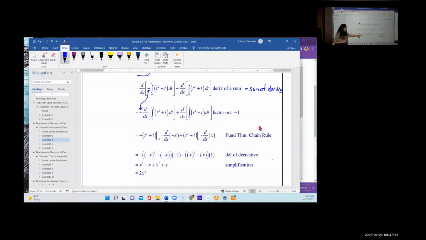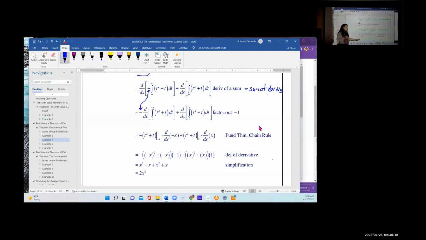So now when I substitute in negative x for t in t squared plus t, I end up finally with this expression down here, which is 2x squared. Now, this is not a family of functions. This is not an indefinite integral. This is not an antiderivative function. This is actually something that represents the area under the curve.